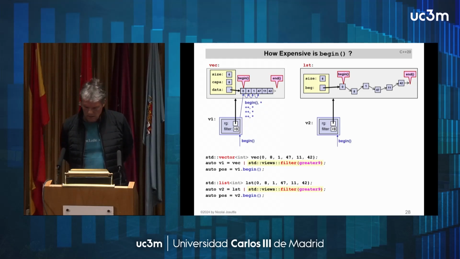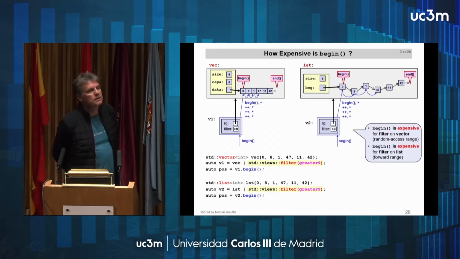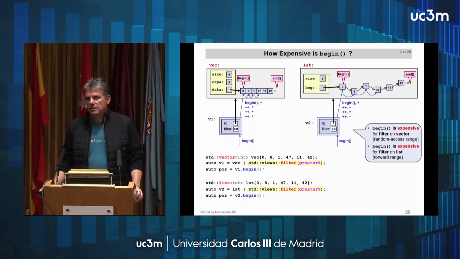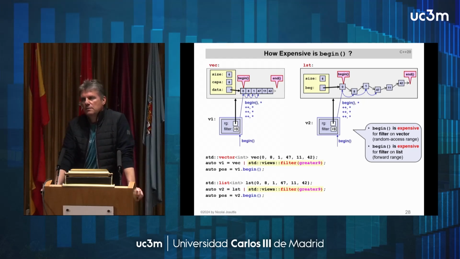Well, begin is expensive on a filter on a vector, and it is expensive for a filter on a list. Well, we can say it has linear complexity. That is, the more elements we have, the more it might cost.